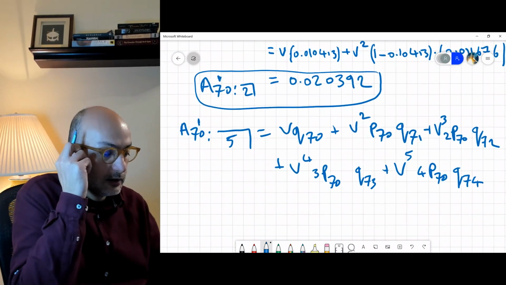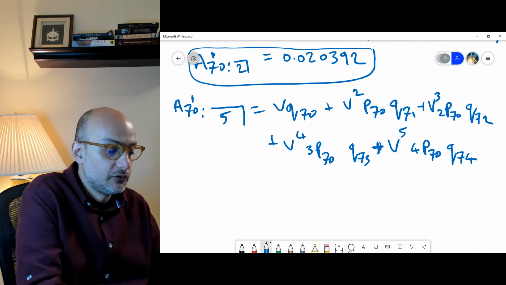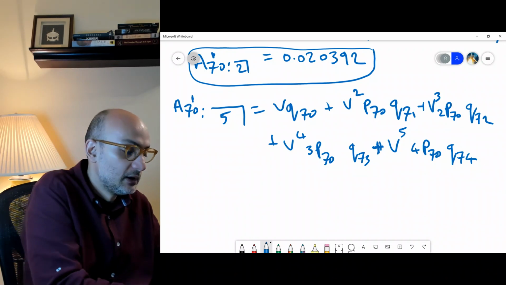You can calculate it this way, but especially if you are in exam, you need to save time. There is an alternative way, because here you will calculate 5 terms.